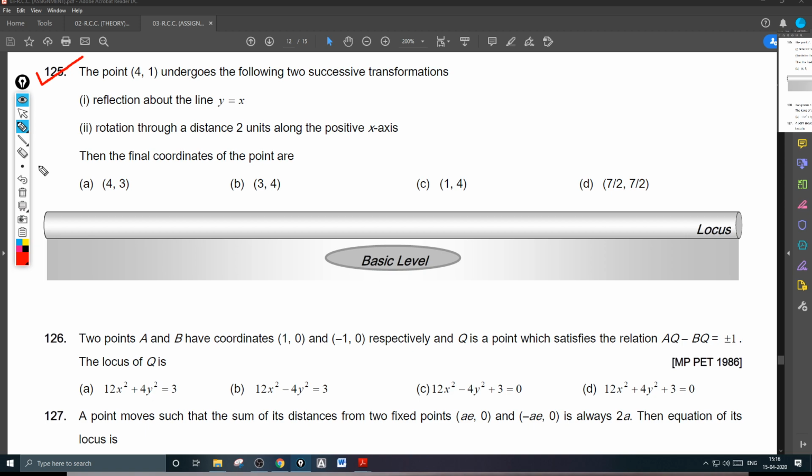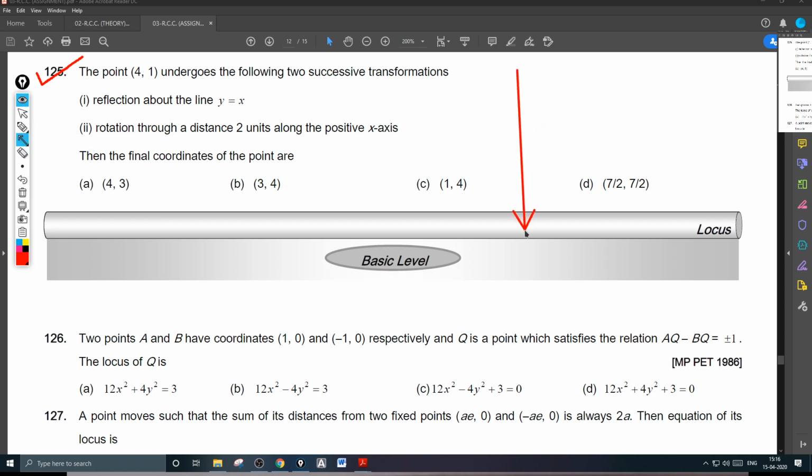Of course, this involves the reflection of a point in a line. We can do that, no problem. I'll explain it.